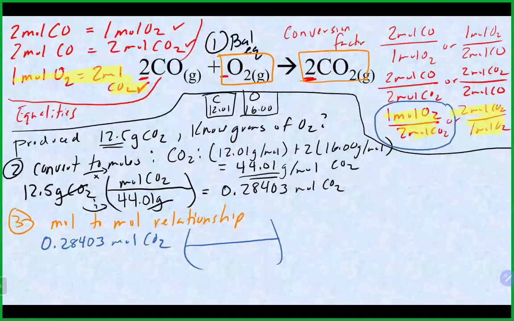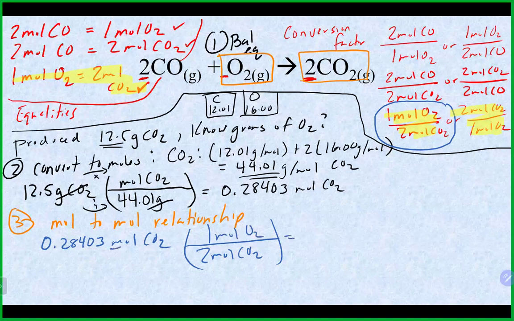That's going to put the CO2 on the bottom and the O2 up on top. And this is going to be the big stoichiometry move right there. We're basically going to divide this by 2. And if you got an answer of 0.14201 moles of O2, any question on that part of the calculation?